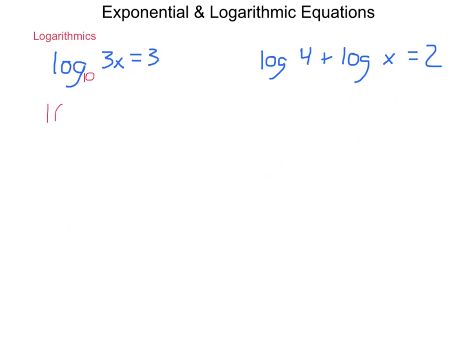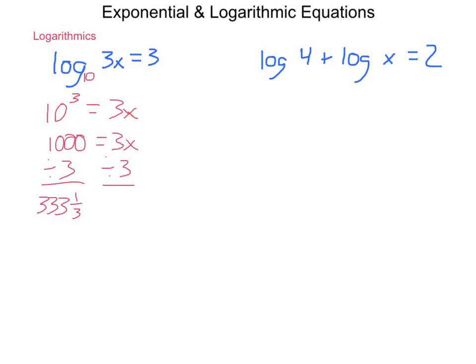So I'm going 10 to the third power equals 3x. Simplifying the left-hand side, 10 to the third power is 1,000, which is equal to 3x. Now I divide by 3, and I come out with 1,000 thirds, or 333 1/3, is equal to x.